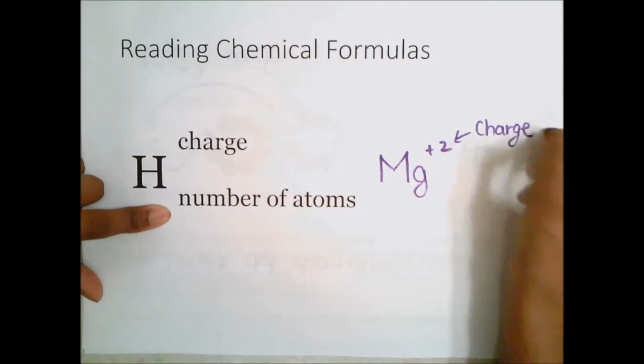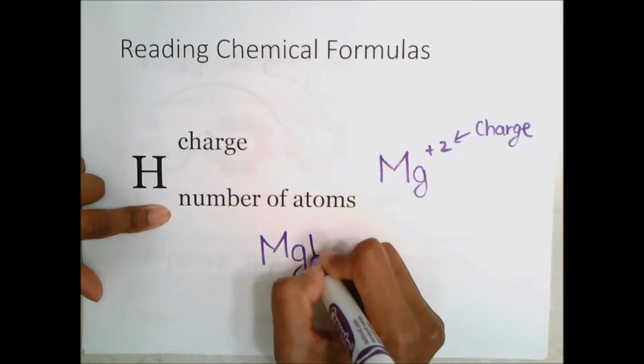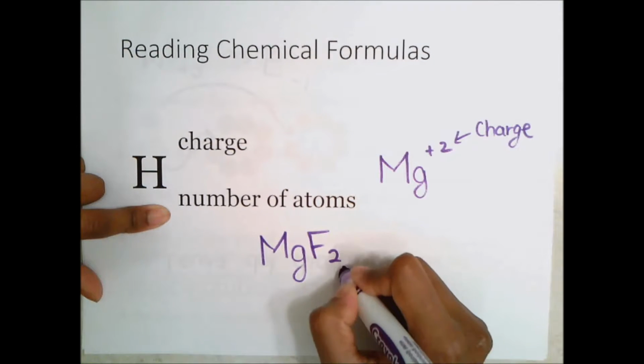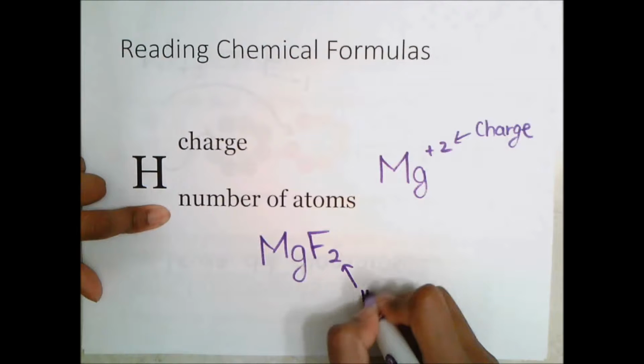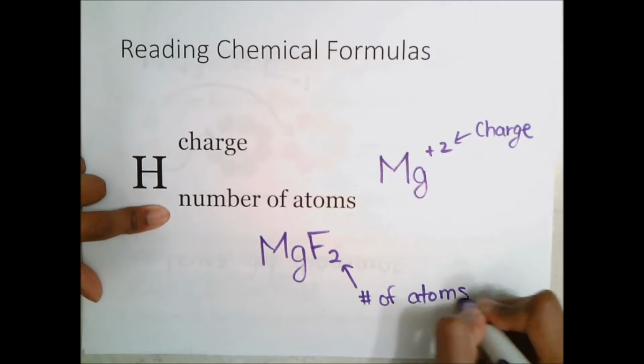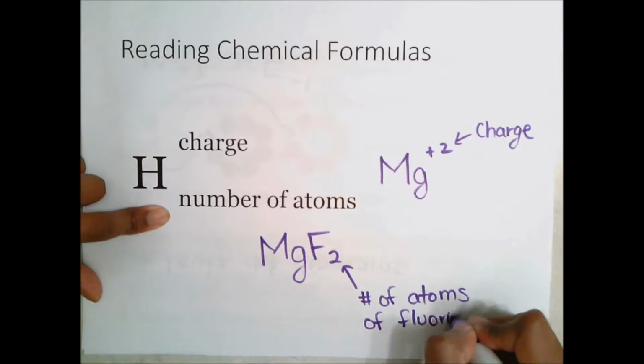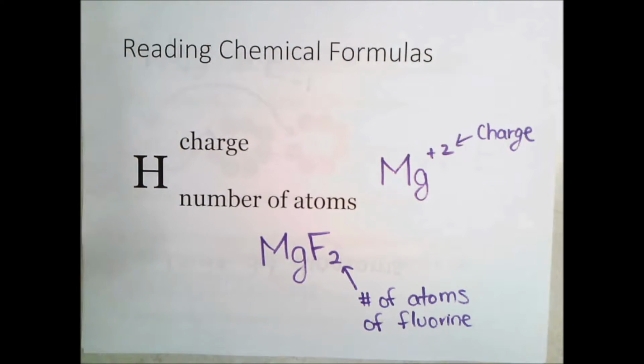And in the formula MgF2, the subscript is specifically telling us the number of atoms of fluorine. So that's just a recall there for you.